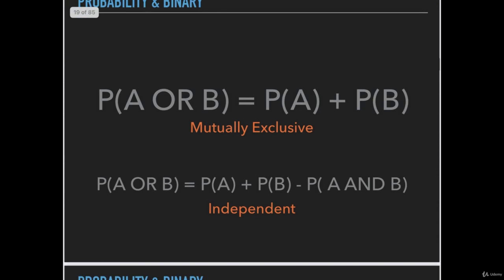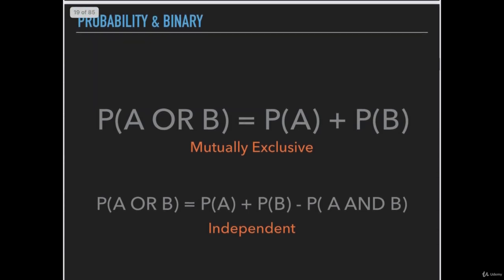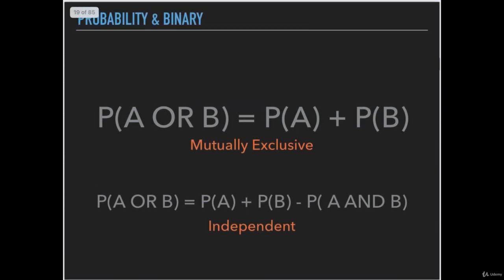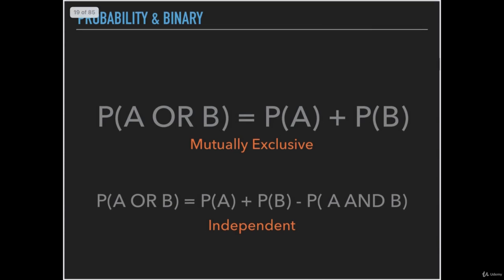Okay? But if we change the statement to "or", then things change. Because remember what mutually exclusive is: P(A or B). There is no way for us to go out at night together. So I have maybe 30% of going out, and my wife has a 50% chance of going out, but we cannot go at the same time.